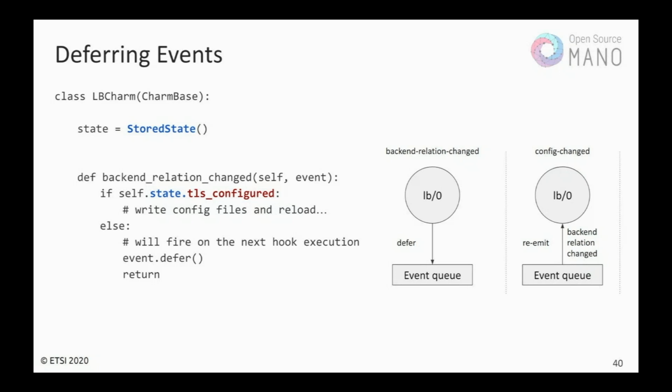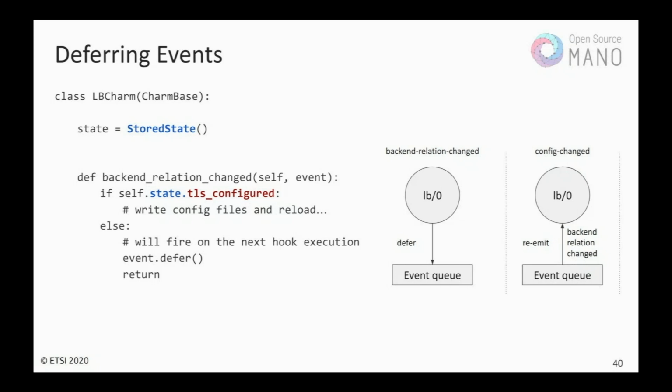which is then processed on the next loop execution. So all of your deferred events will be re-emitted when another event happens. So your backend relation changed event will be re-emitted when, say, a config changed event happens or some other event happens. This allows you to preserve the order of events in the distributed system and also defer certain activities until the time the right data is available. You don't always need to use this mechanism because sometimes the data is just not there and you have to wait for more data.